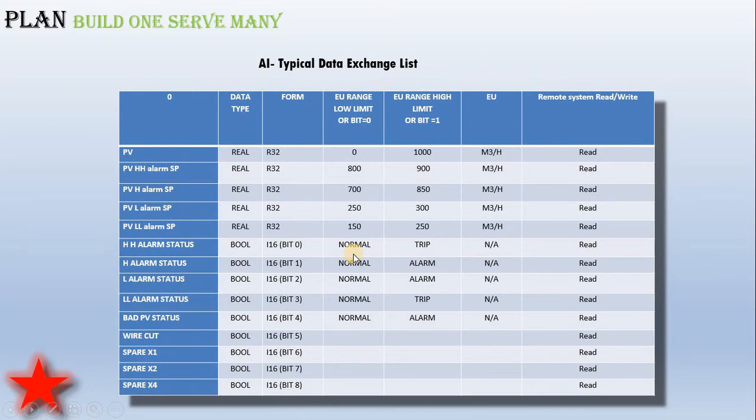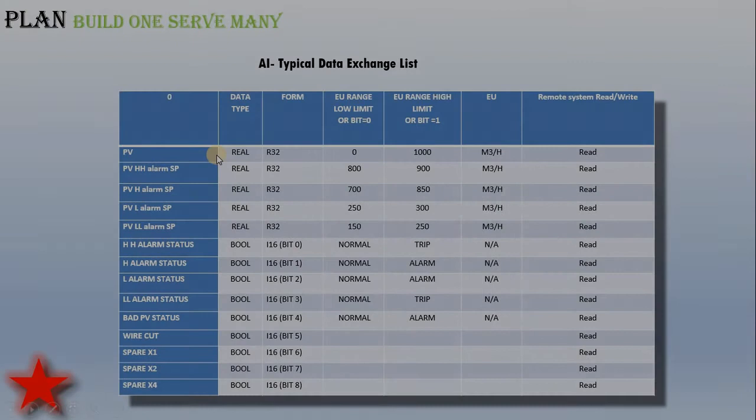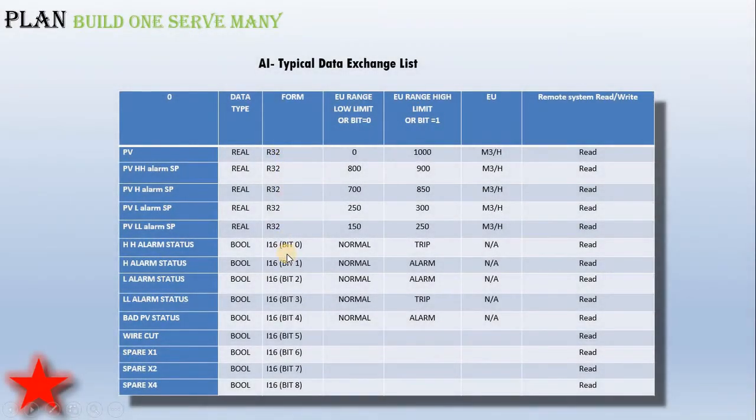If it is 0, it means it's normal, and so on. So you define these things up front, so nobody comes and asks you later. We keep some of them as spare because you have 16 bits. Then you have some free data in this form. You can see now we're moving everything as a register. We don't use it as a coil or something on the MODBUS.